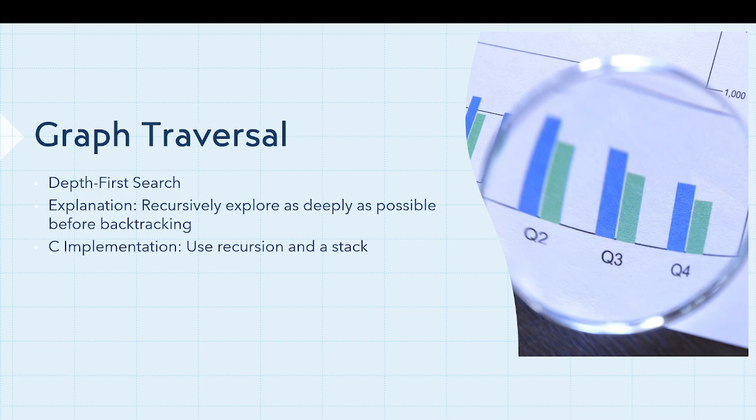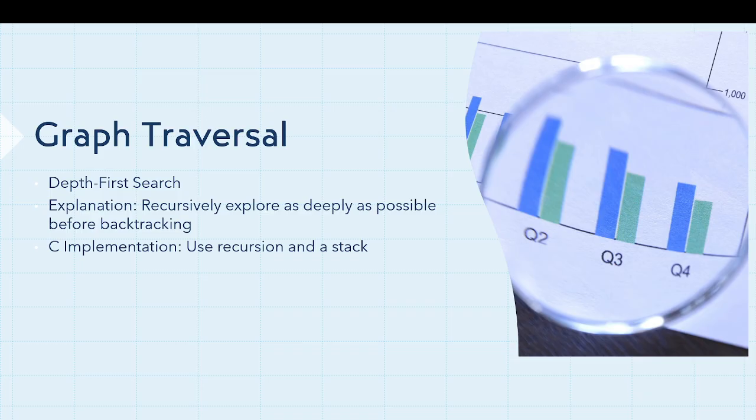The first one is the depth first search algorithm, wherein the technique recursively explores as deeply as possible before backtracking. The C implementation of the depth first search algorithm includes recursion and a stack.